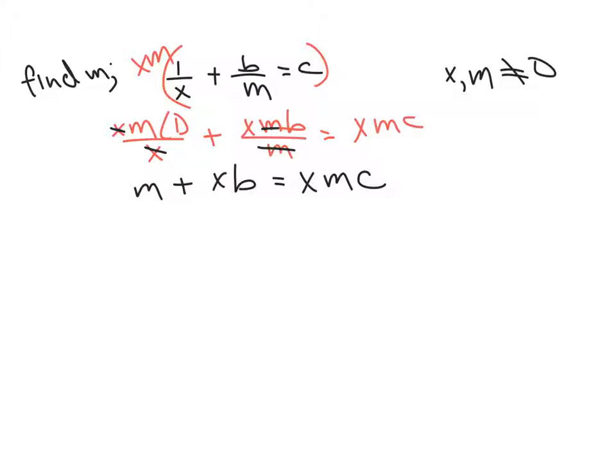Let's take this m and move it over here. I don't know which one's easier and which one's more difficult. It doesn't really matter which one you do. So let's subtract, because these are all stuck together because of the multiplication sign. So subtract it from both sides.